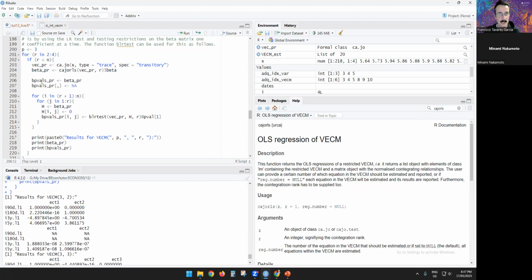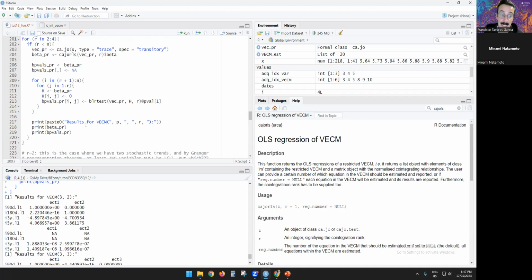This is a very specific thing. Just pay attention if you're using it for your report. The cointegration rank should agree with what you found before, and the number of lags should agree with what you found before. And I think that's about it that you need to change in this code.